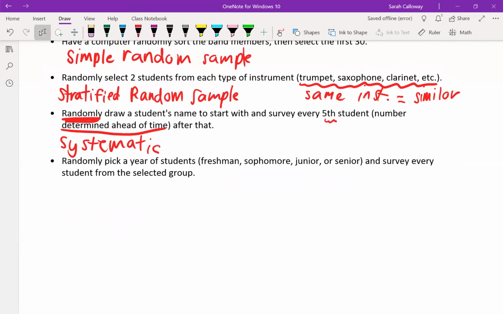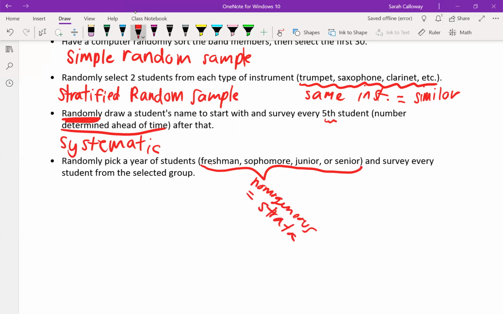Finally, if I randomly pick a year of students, freshman, sophomore, or junior, and survey every student in the selected group, this sampling method does not fit any of our sampling methods. So if we look at this, these are homogeneous groups, meaning they're strata, okay?